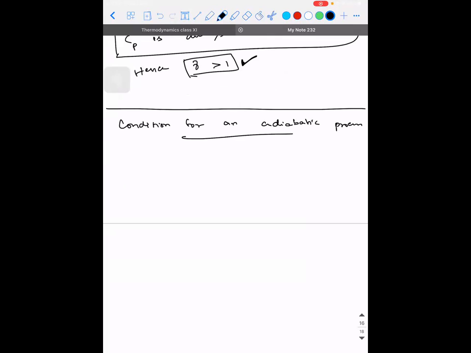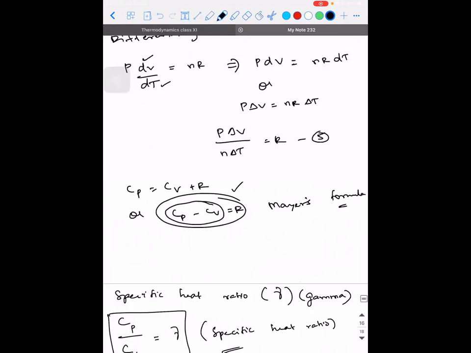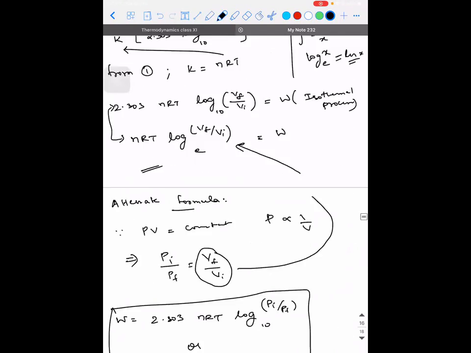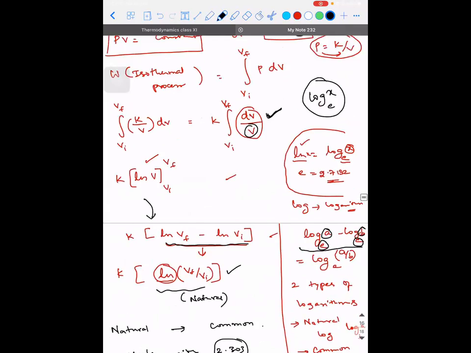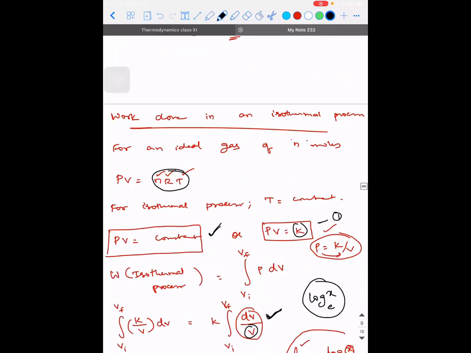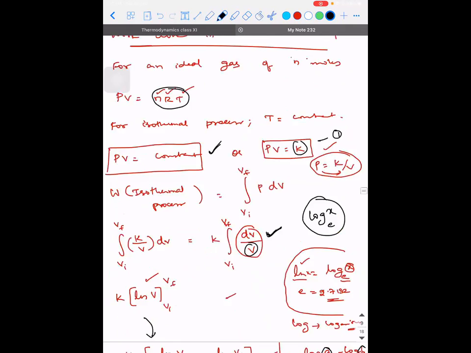If I ask you what is isothermal, temperature is constant. And what is the mathematical relation between pressure and volume in the case of an isothermal process? We saw it yesterday. PV is equal to nRT. So PV is equal to constant represents the mathematical relation between pressure and volume for an isothermal process, right?